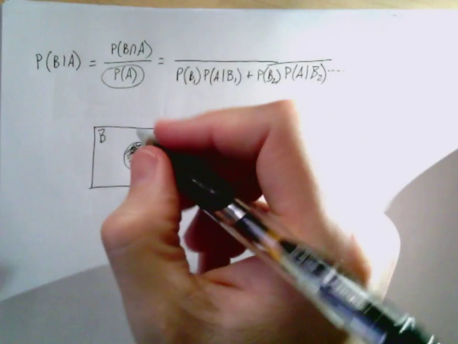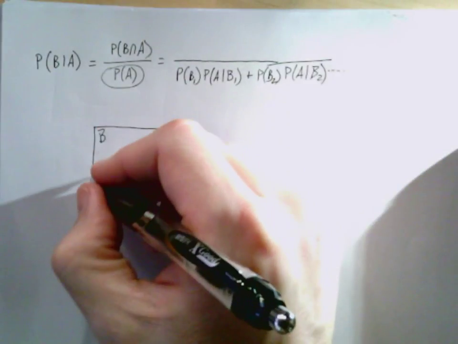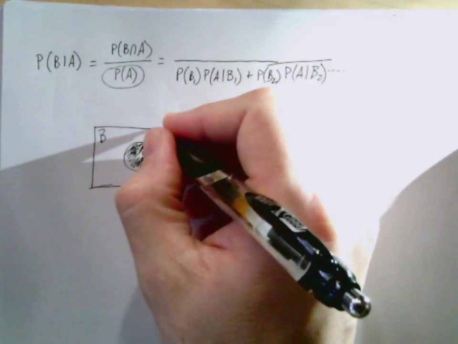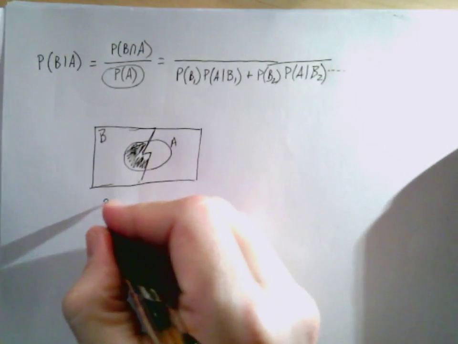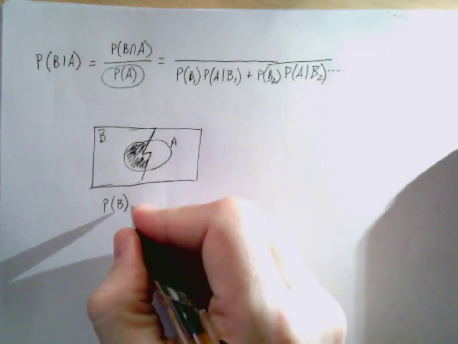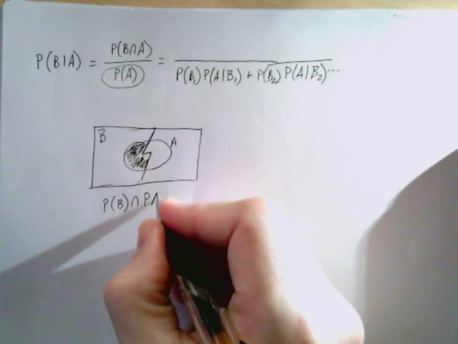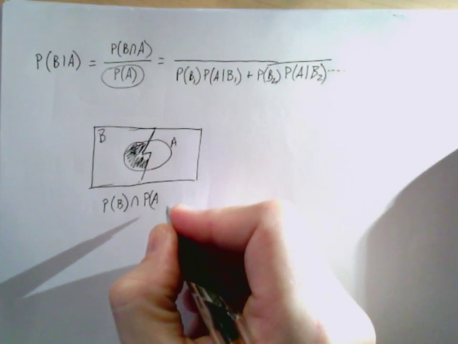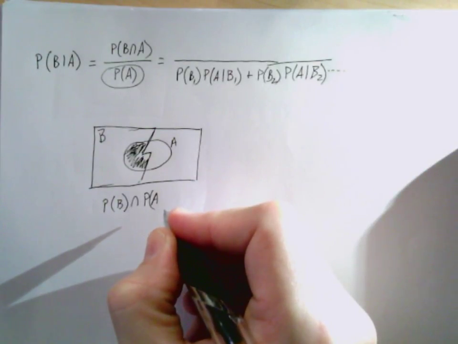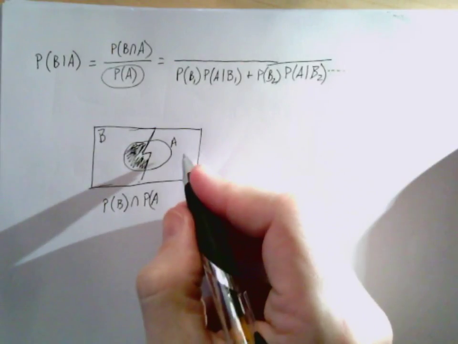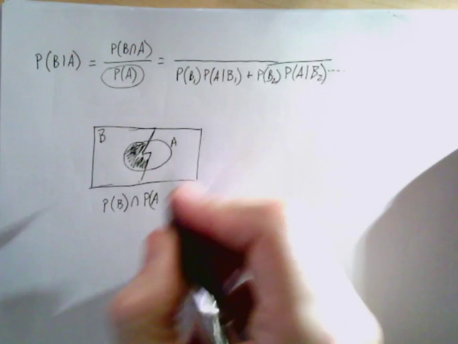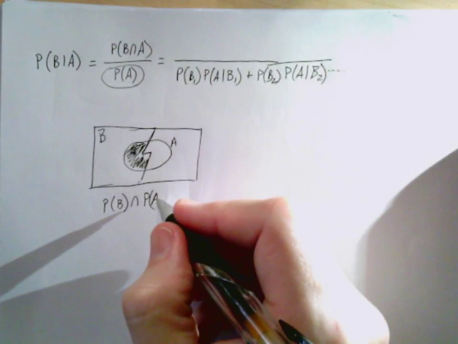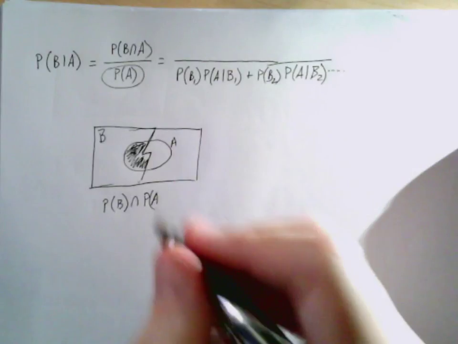Okay, so it's the probability of B, which would be this whole thing, joined with the probability of A when not B is true. We could say that it's just the probability of B and the probability of A, right? But we're going to write it slightly different.